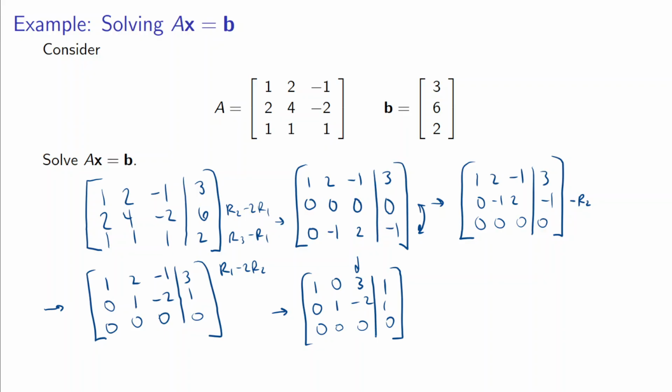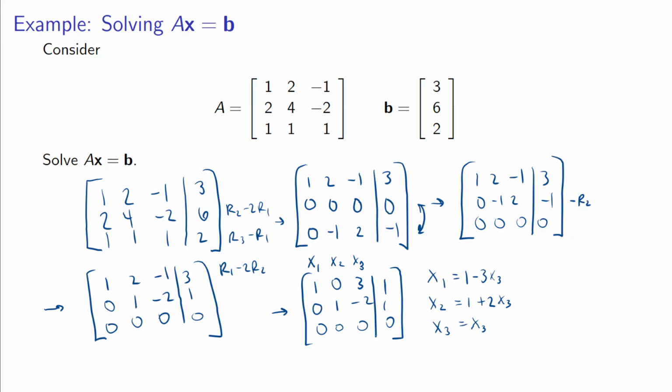We might call the components of this vector x x1, x2, x3. So x3 would be our free variable. We'd have that x1 would equal 1 minus 3x3, just taking that first row and solving for x1. And then for the second one, x2 would equal 1 plus 2x3. And then for my free variables I like to write just x3 is x3.